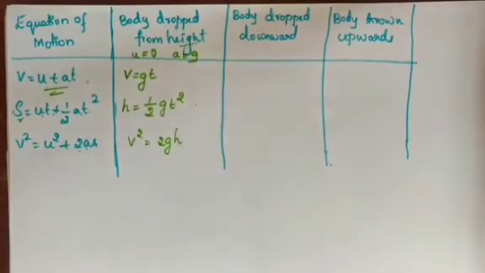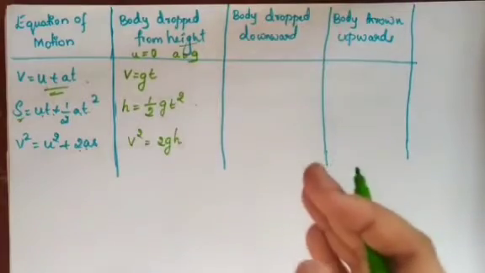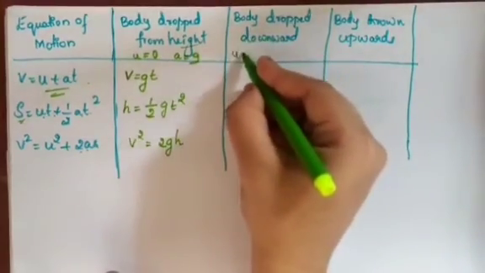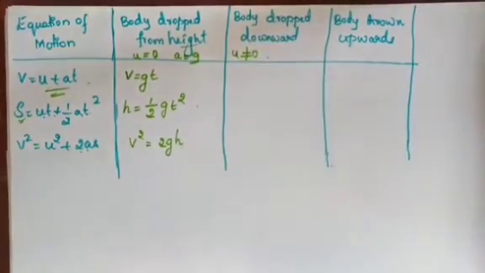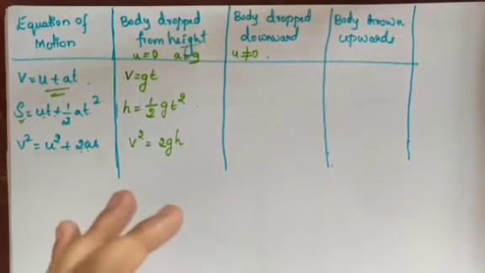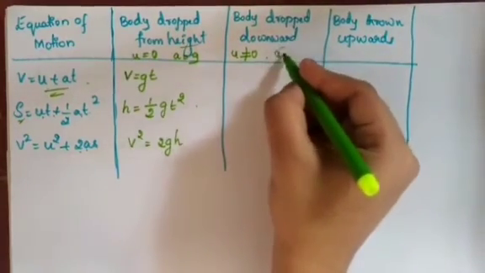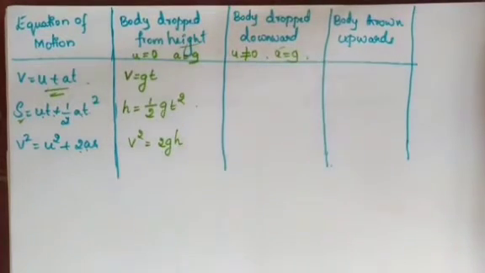Next condition: the body which is thrown downwards. For example, you are standing on the 5th floor of a building and you throw a stone or any object from that building. The initial velocity of that object won't be 0; it will have some initial velocity. And the acceleration A is G, the acceleration due to gravity.